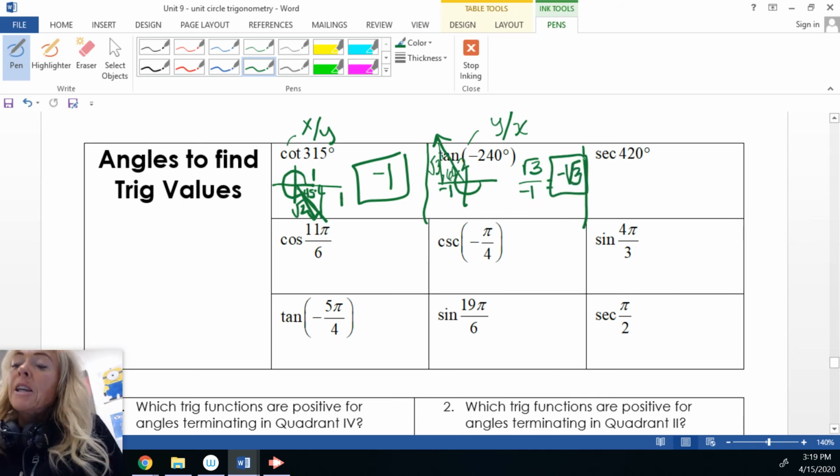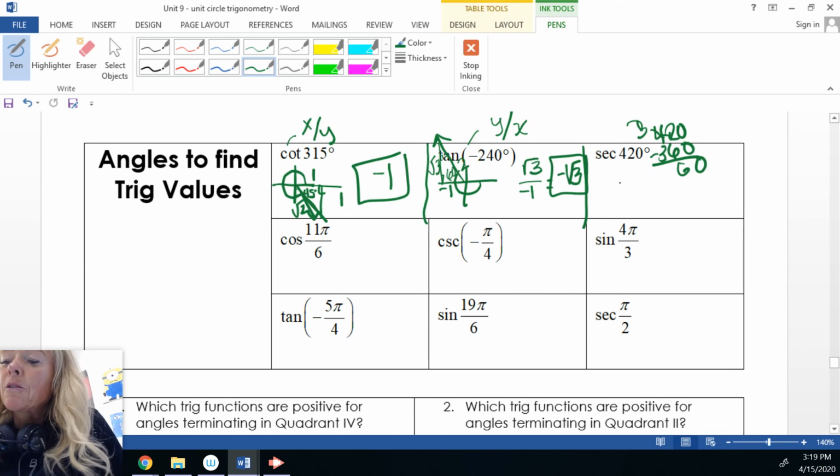All right, secant 420. Now, first thing I'm going to do, because 420 is greater than 360, I have to subtract off 1 full revolution to get my actual terminal side. So that is 60 degrees more than 360. So I'm going to move a full revolution plus 60 more. Okay, that gives me a reference angle of 60 degrees right there.